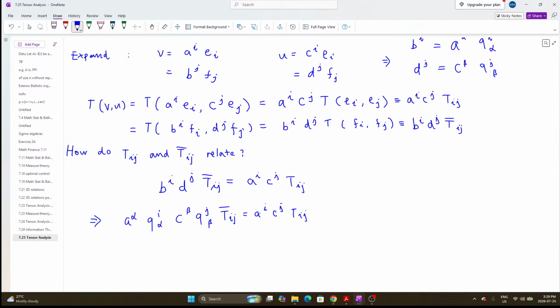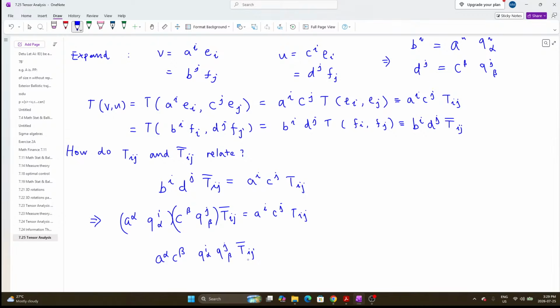Okay, so let me regroup this. You just get A alpha C beta QI alpha QJ beta and T bar IJ.